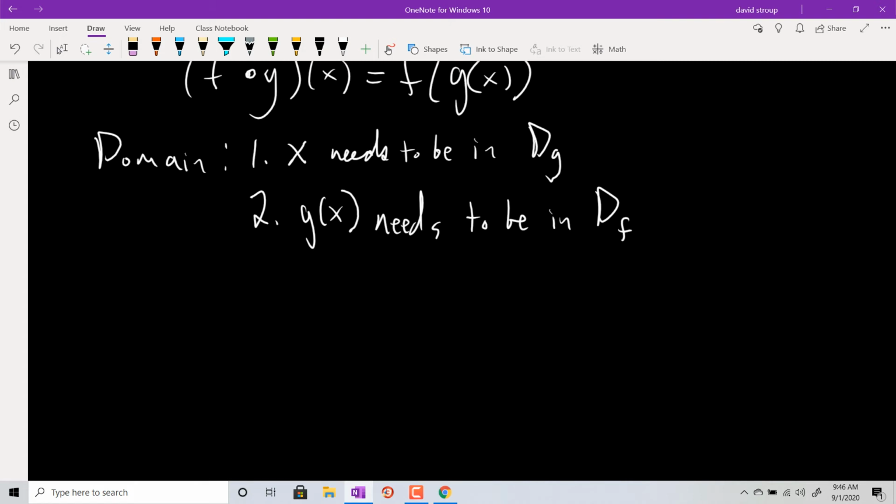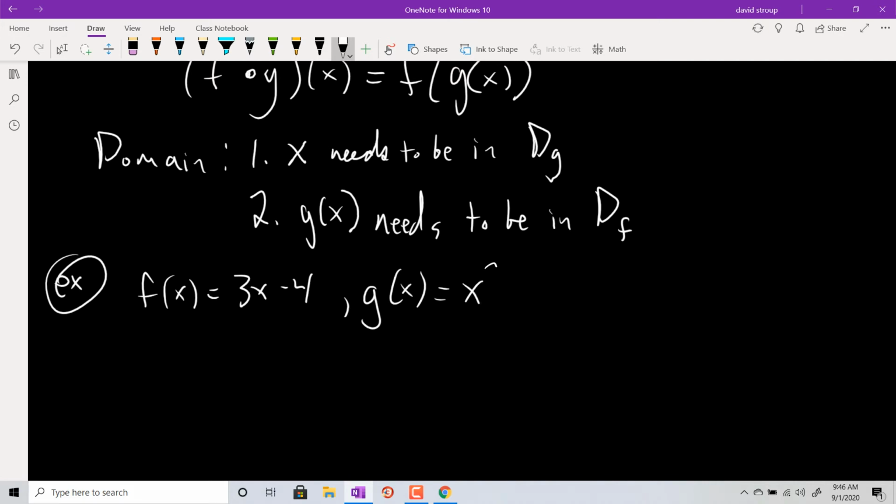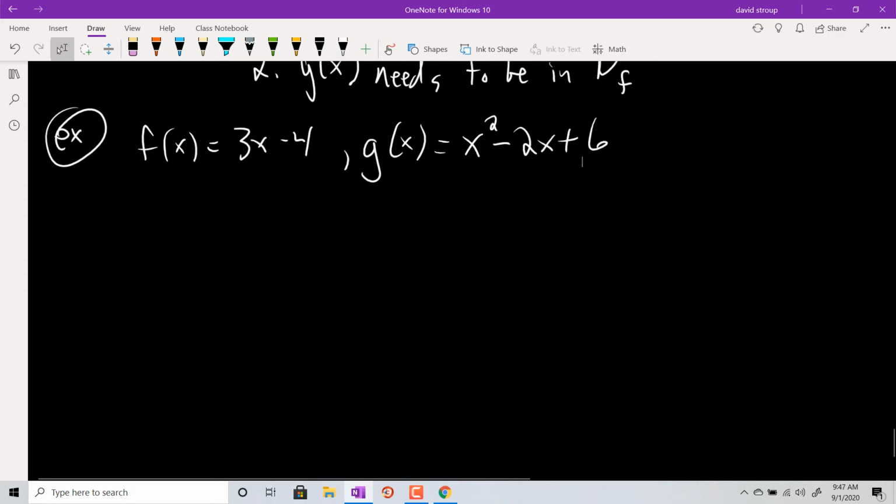Okay, so this is another example. We have f of x equals 3x minus 4, and then g of x is some sort of polynomial. Okay, so part A, they want to know f of g of x.